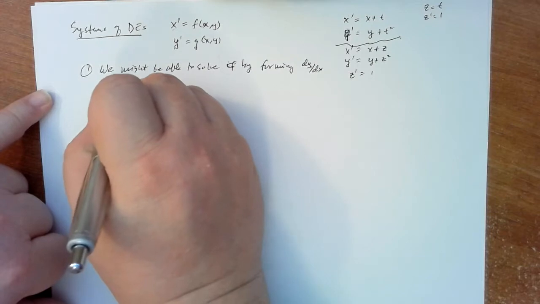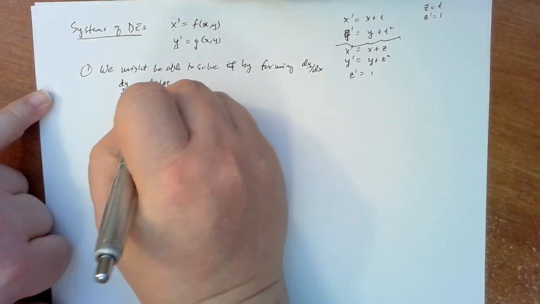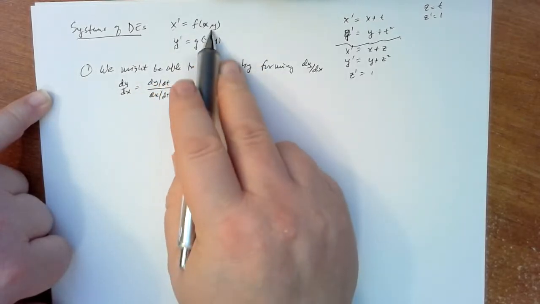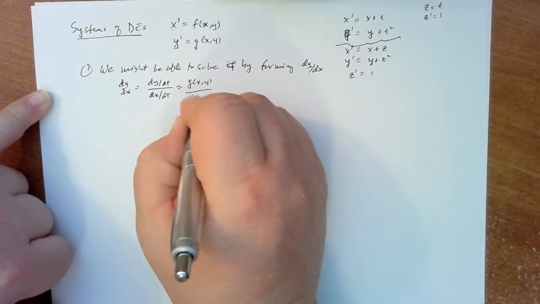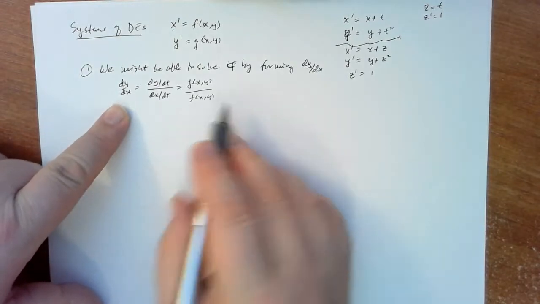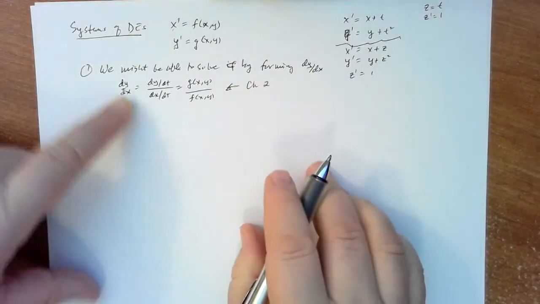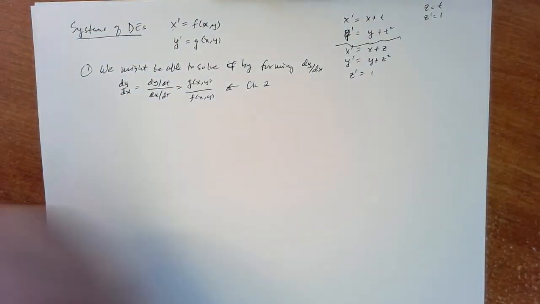That is, dy over dx would be dy over dt divided by dx over dt. And so in this case, that would be g of x y divided by f of x y. Now we're not guaranteed that we'll be able to solve this from chapter 2, but we would hope that we would. That's just the goal. We might be able to.